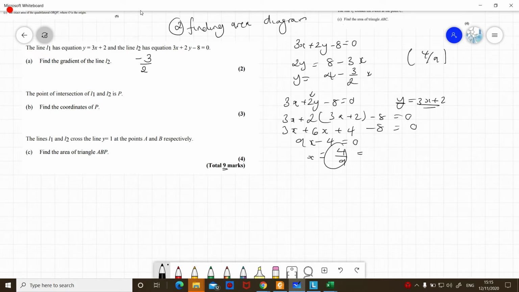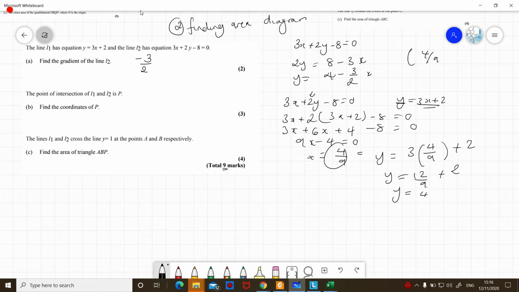Now going to the other coordinate, going back to the y value: y equals 3 lots of x, which is 4 over 9, plus 2.